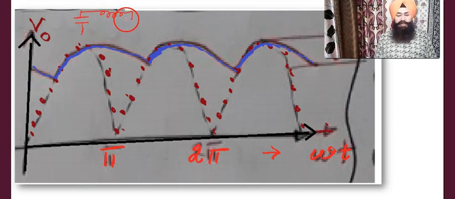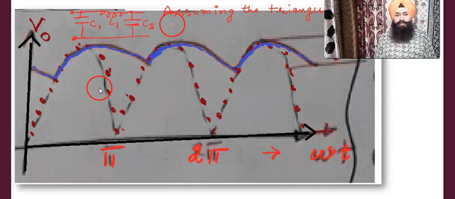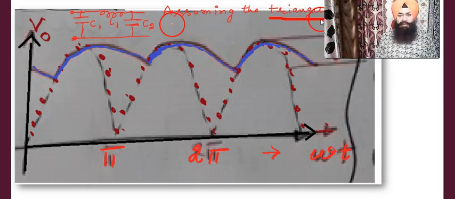Now this is our filter circuit, the pi filter, C1, C2 and L. Now we are making an approximation that the ripple shape is triangular.